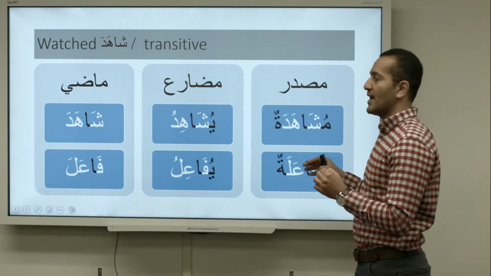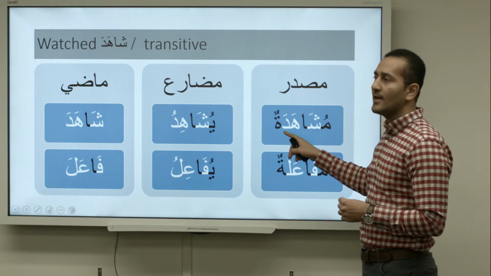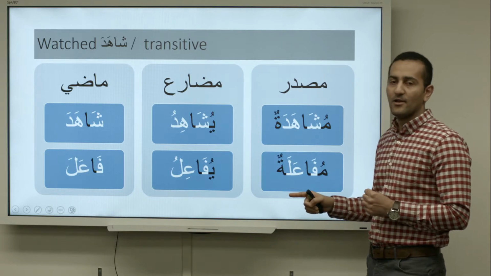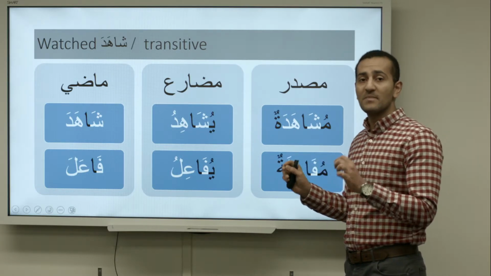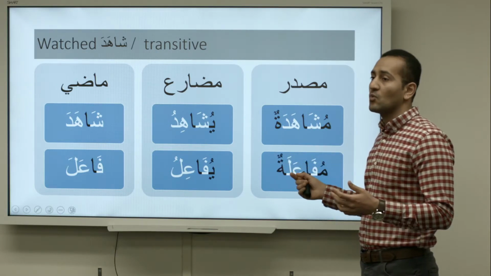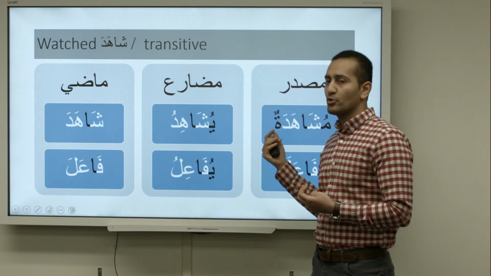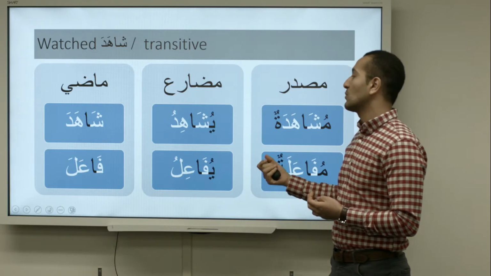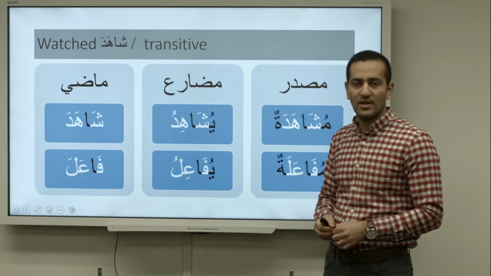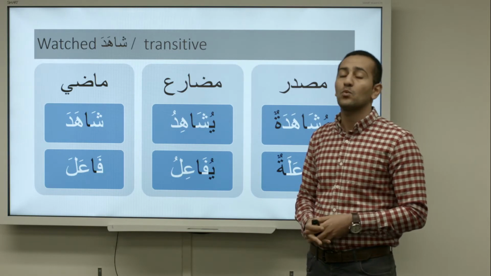So we have the basic root فاعل, or in this word شاهد, and then we add it to this pattern, مشاهدة, مفاعلة. So they must rhyme, and this is the meaning of the pattern. So مشاهدة, like watching, is the verbal noun, al-masdar, and the present will be يشاهد. We added ya, so يشاهد, and of course there are changes in the short vowels, and the past will be شاهد, watched.